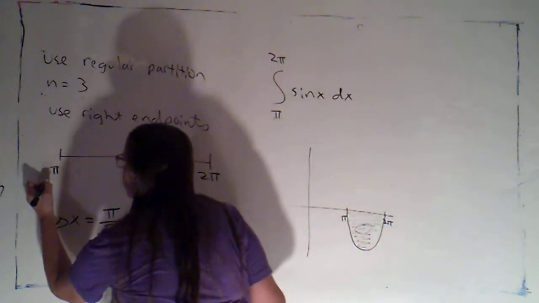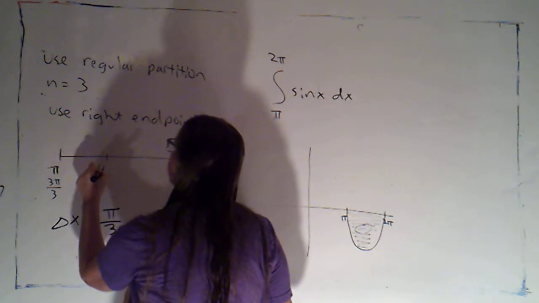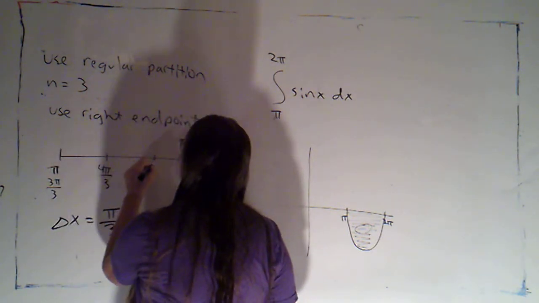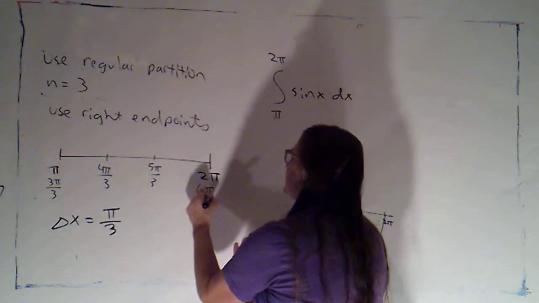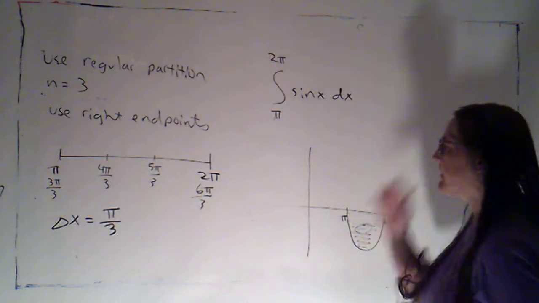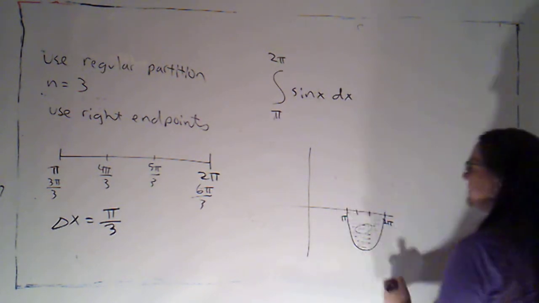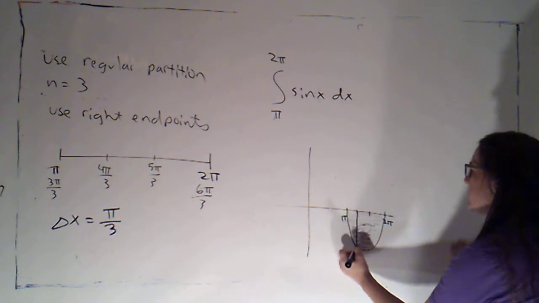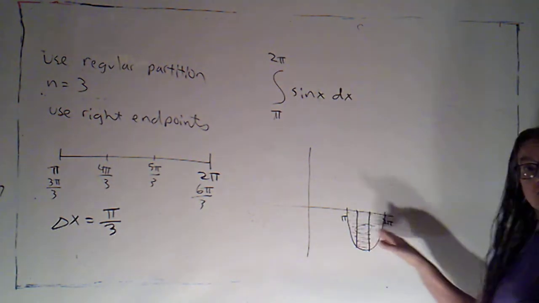So it may help for me to think of this as 3 pi over 3. So then my next point would be 4 pi over 3, and then 5 pi over 3. And sure enough, 2 pi is the same as 6 pi over 3.